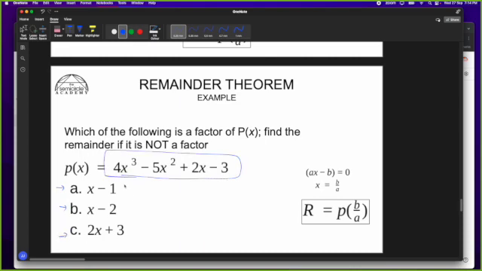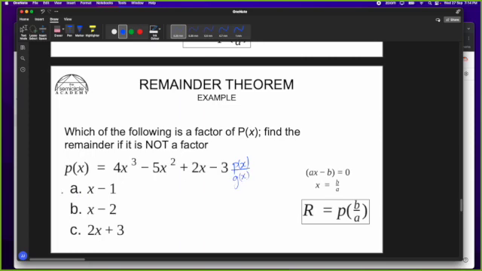So normally what would you do? You would go and do your long division and get 2 pages of work. But I don't have to do long division anymore. I could remember my remainder theorem, right? So let's try the first one, p of x divided by g of x.